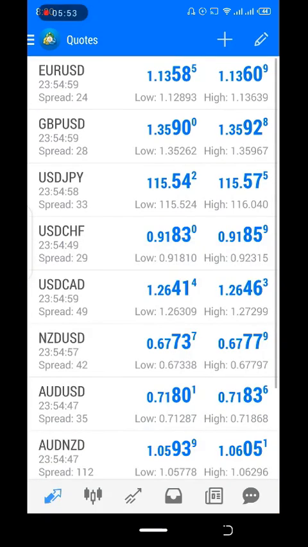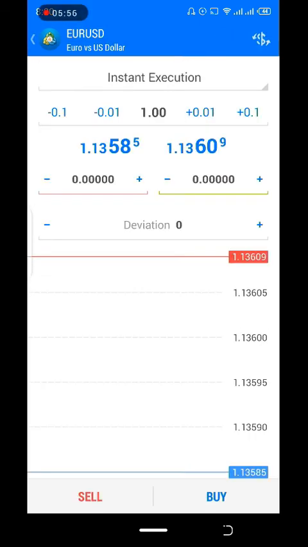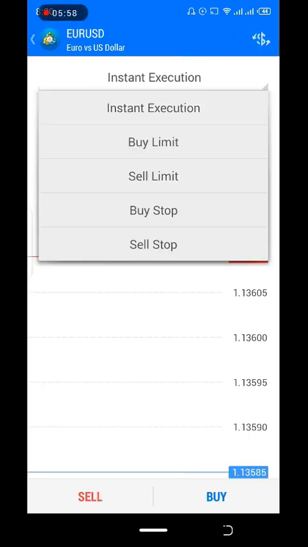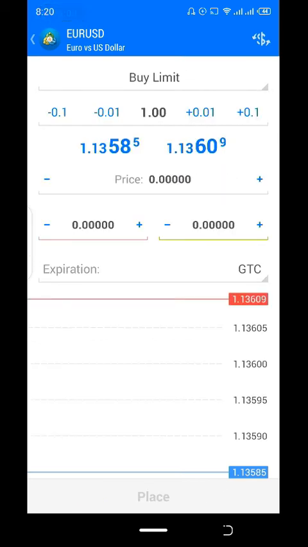Now in MT4 mobile phone, we have 1, 2, 3, 4. We have buy limit, sell limit, buy stop, and sell stop. So let's switch it to buy limit.